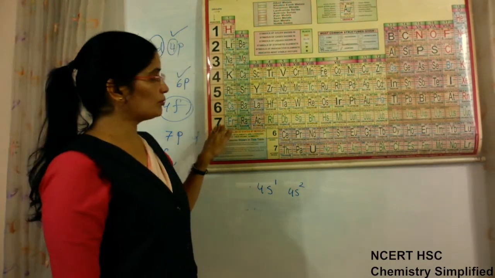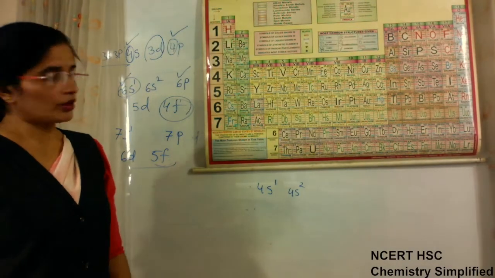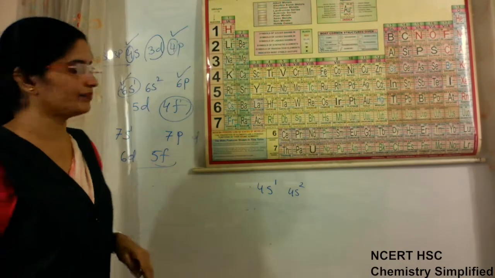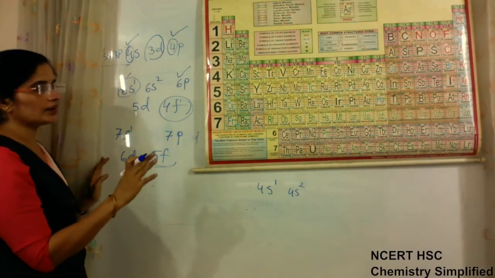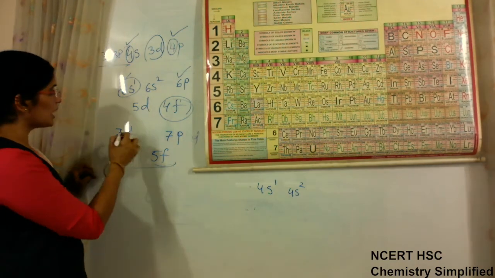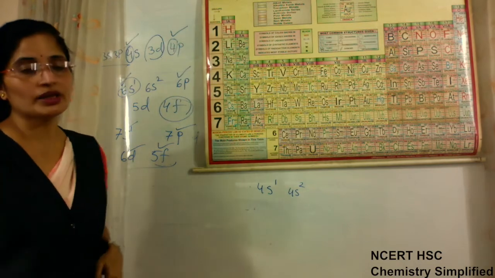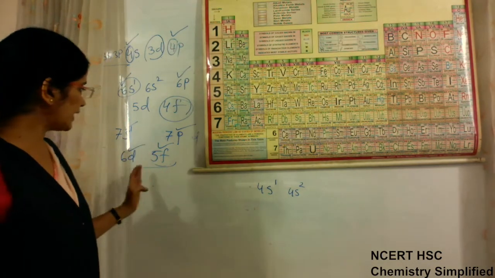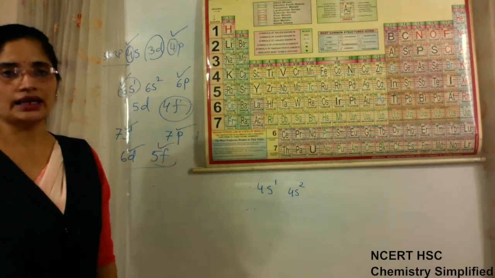And when we come to 7, we know that all electrons are filled, because 118 element is present in this period only. That means all elements have completed their electronic configuration by the filling of 7s, 7p, 6d and 5f. We don't require any subshell beyond 5f for the filling of all electrons of 118 elements.